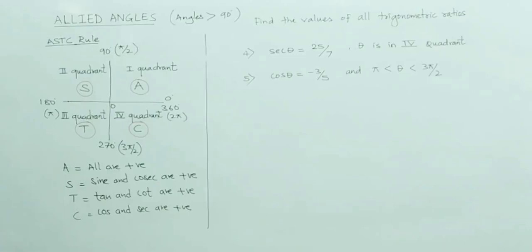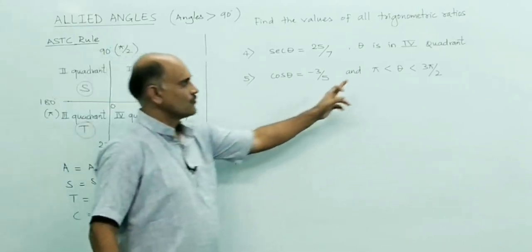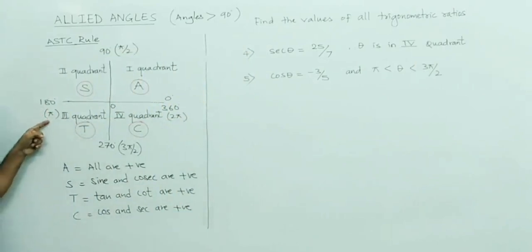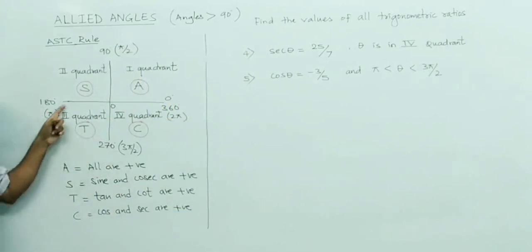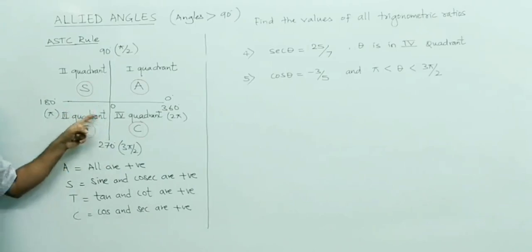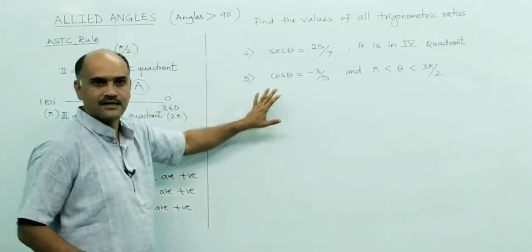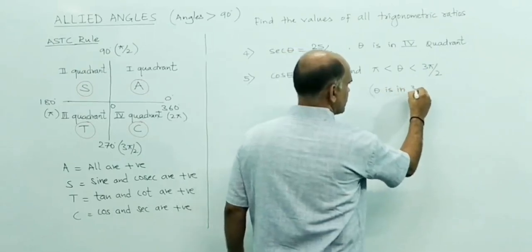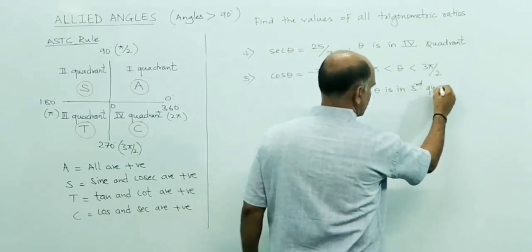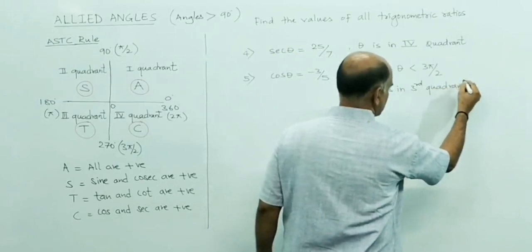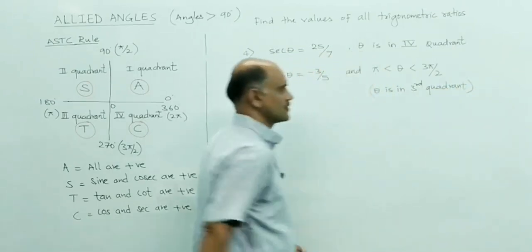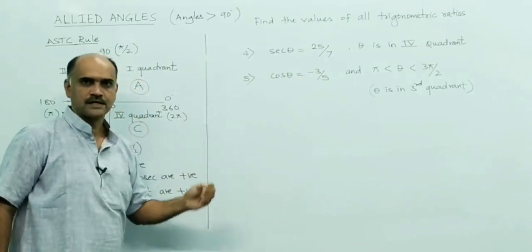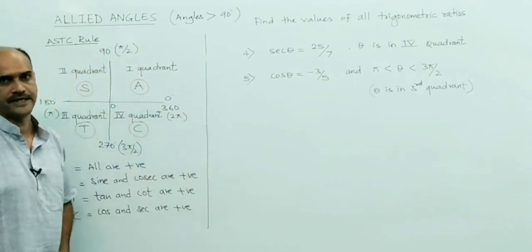Theta is between 180 and 270 degrees, so theta is between pi and 3 pi by 2. That means theta is in the third quadrant. You can try these two problems on your own. We will continue in the next session.